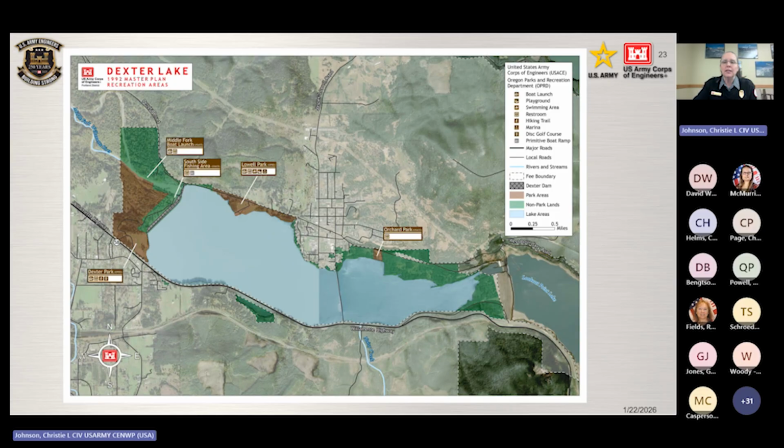I'd also like to mention that there are private docks along the lake shoreline, and those docks are managed under the Shoreline Management Program, which will be only very lightly addressed in the master plan because there's a whole other document for managing shoreline docks.